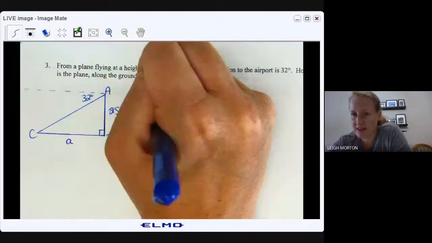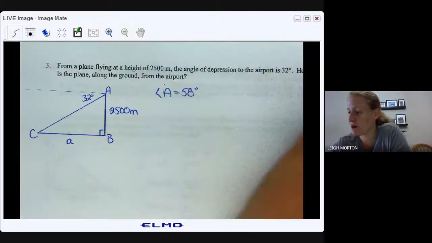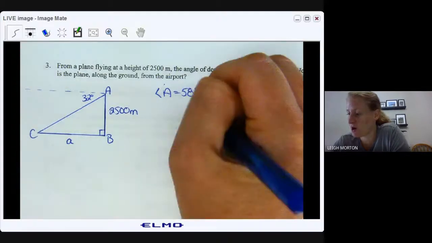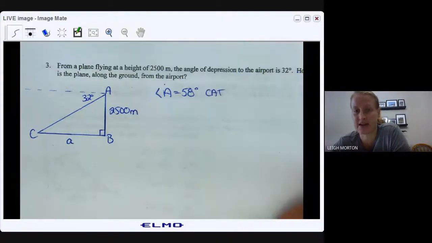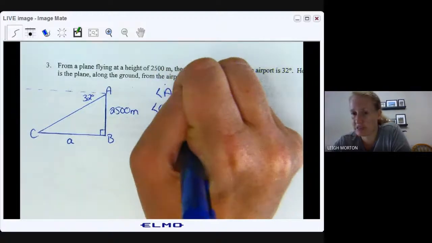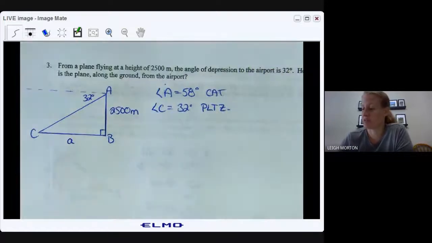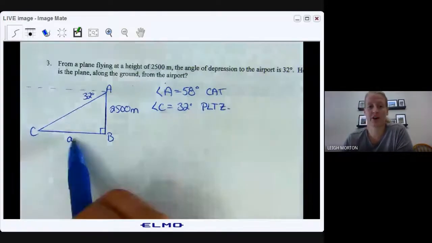Okay, angle A, yes, is 58 degrees, Grace, but it's not because of PLTZ, it's because of the complementary angle theorem. Remember, they add up to 90. Angle C, Victoria, good, is 32 degrees because of PLTZ. So you can use either one of those angles to solve for A.